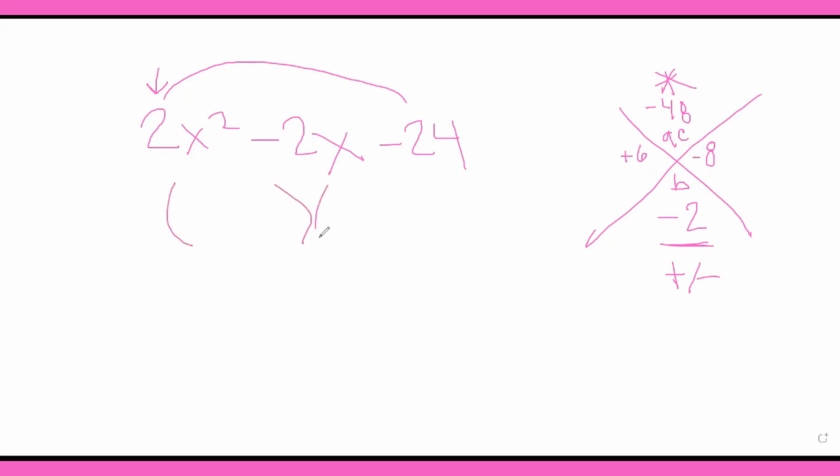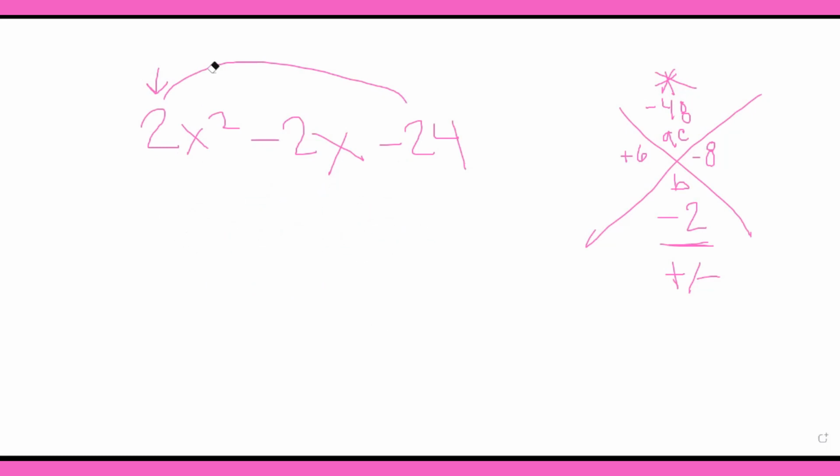Now you'll notice I can't go right back into x plus 6 and x minus 8. That doesn't get me a first term of 2x squared nor a last term of negative 24. So you'll see something there that should stop you in your tracks.